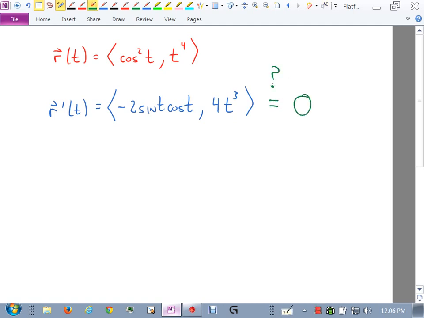Is there a t that makes that the 0 vector? The only way to get the 0 vector is for both components to be 0, right? What's the only value of t that could make the second component 0? 0 itself, right? So at t equals 0, what do we get? This goes to 0 and then 0. So yeah, at t equals 0, we get the 0 vector.